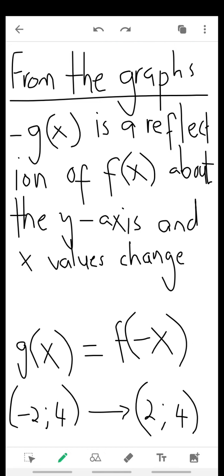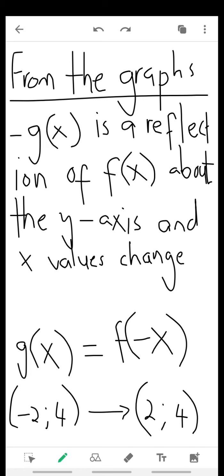So from the graphs we have noticed that g is a reflection of f. You agree with me? Remember, g is on the first quadrant, f on the second quadrant, and this reflection is happening about the y-axis. So if reflection is about the y-axis, what changes? Your x values will change. So how do we write it algebraically?